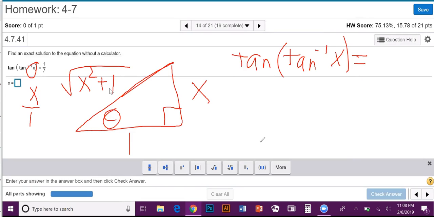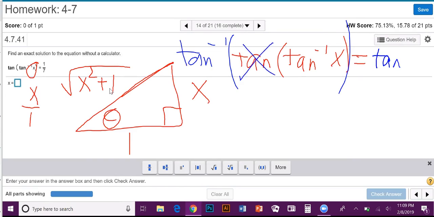What would you do to both sides of the equation to get rid of this? Wouldn't you take the tangent inverse? Now, if you did it to that side, you'd have to do it to the other side.